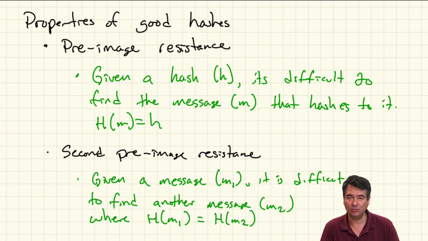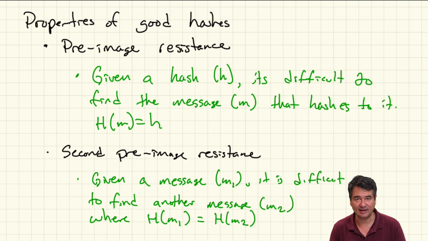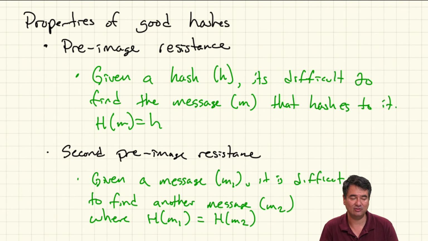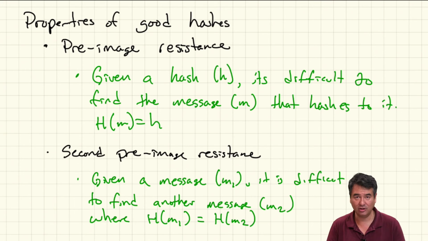Now, those of you who are listening into the live stream, it's MD5 that actually doesn't obey this. You can find another piece of data that happens to hash to the same value. I'll show you an example of that here in just a couple of minutes. But all the others, SHA and RIPEMD, as far as we know, obey these two properties.